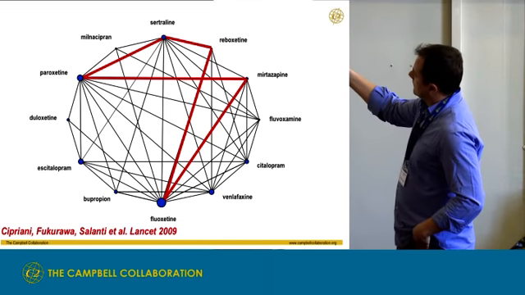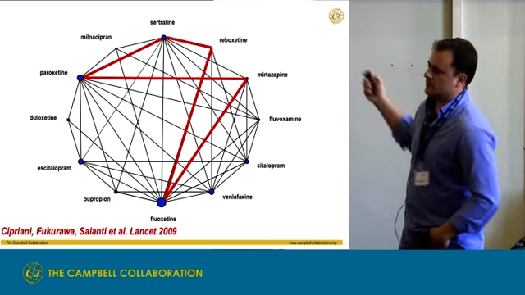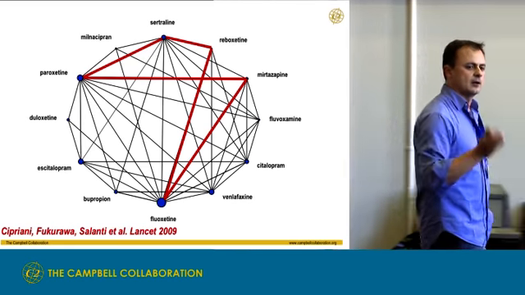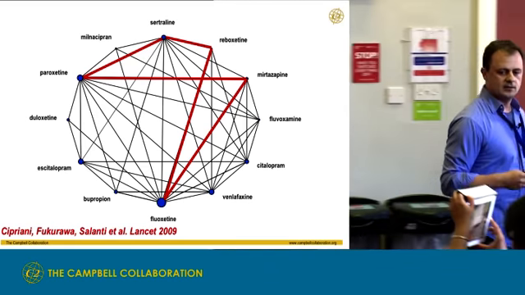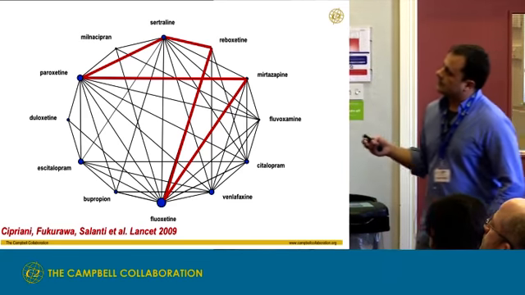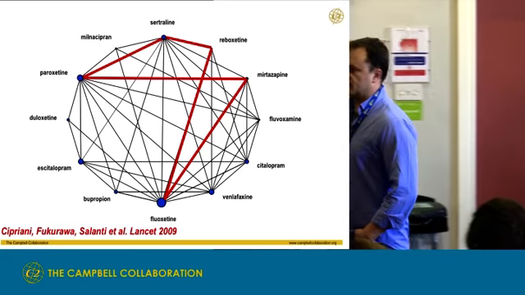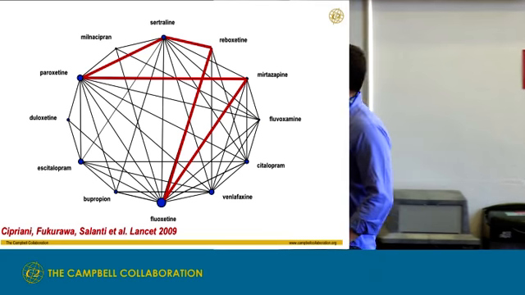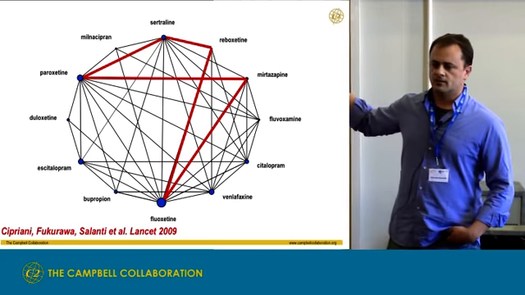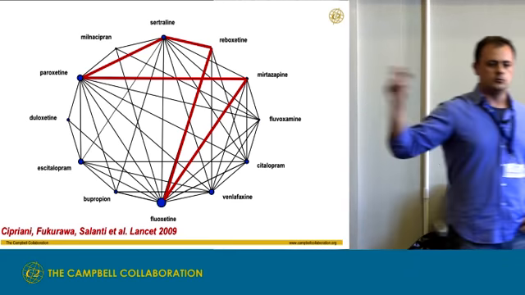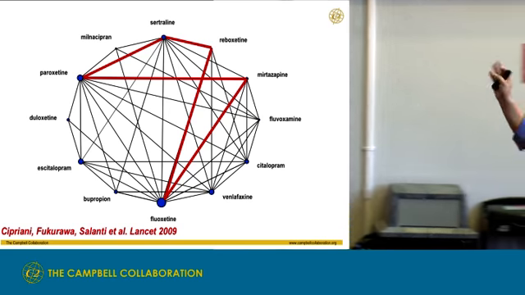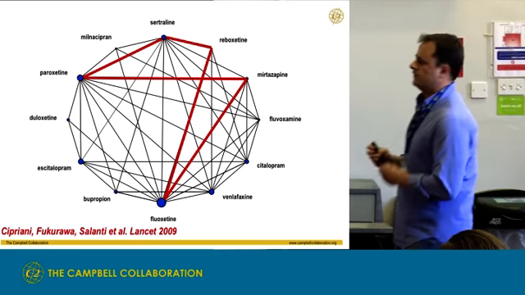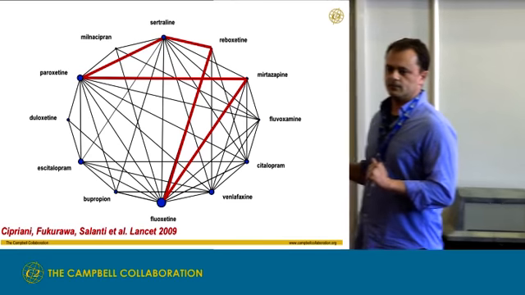There is an edge missing here from reboxetine to mirtazapine. That means that we didn't find any studies comparing reboxetine and mirtazapine. If you notice, this graph is connected. That means that I can go from any node to any other node. So information in this graph flows not only directly, but also indirectly.